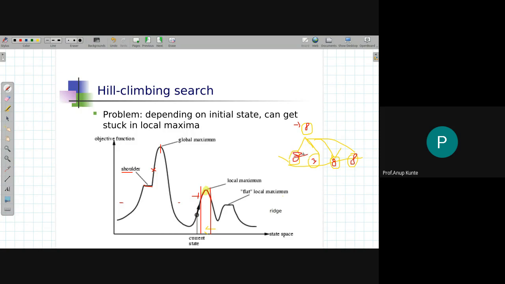So this particular thing that you are looking at is a kind of shoulder. One node has a value less than the current node, and all the other successors have exactly the same value for the objective function as that of the current node.